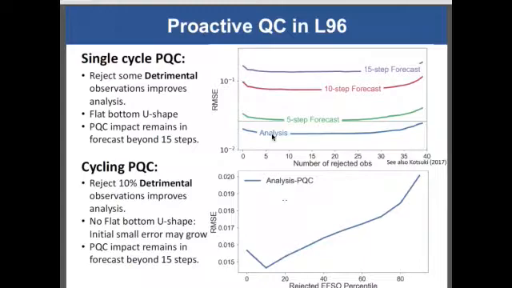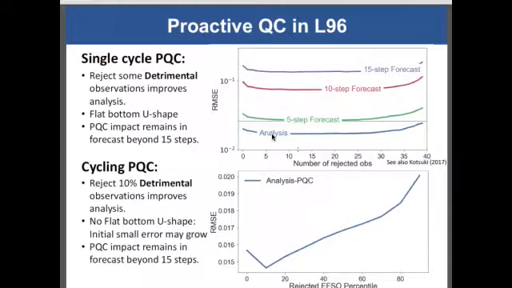So this is another interesting thing. I want to mention that I got this idea from Kozuki at RIKEN. So here we are showing how the forecast error, the subsequent analysis error, and the subsequent forecast error change with the number of rejected observations.